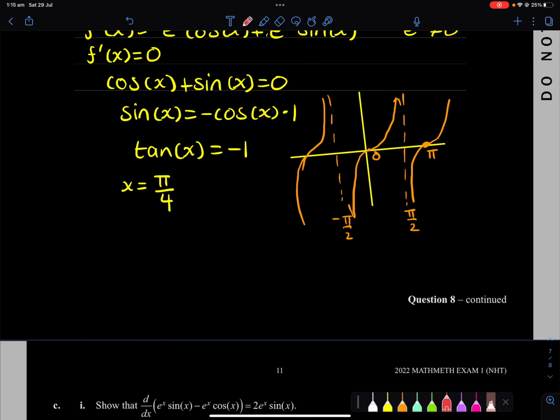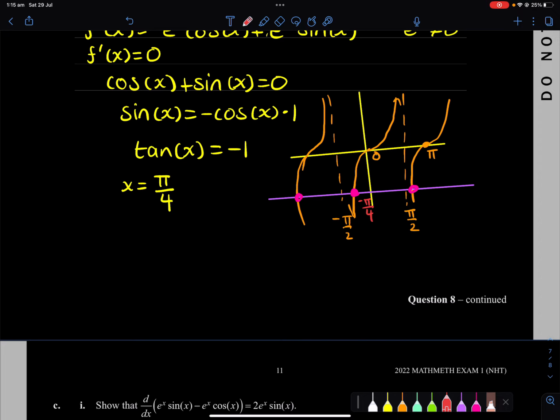Well, if we put the y equals -1, which is over here, so we're saying that this point over here, this point over here, so this value over here would be -pi over 4.